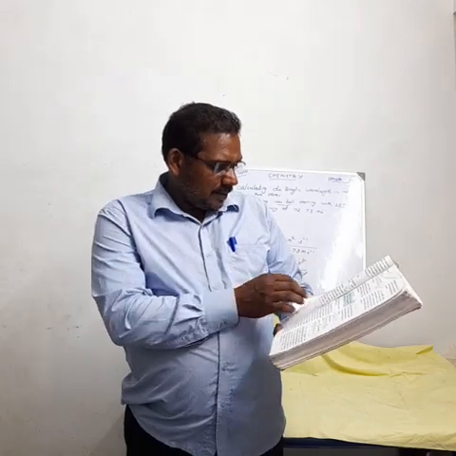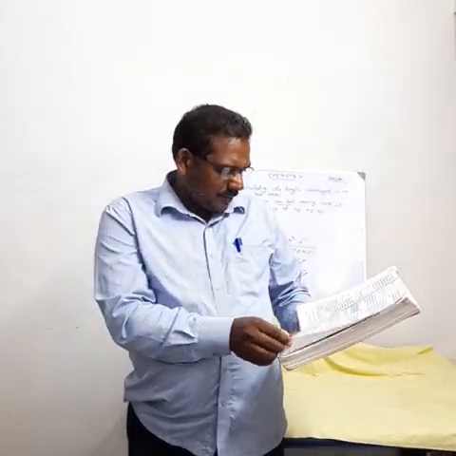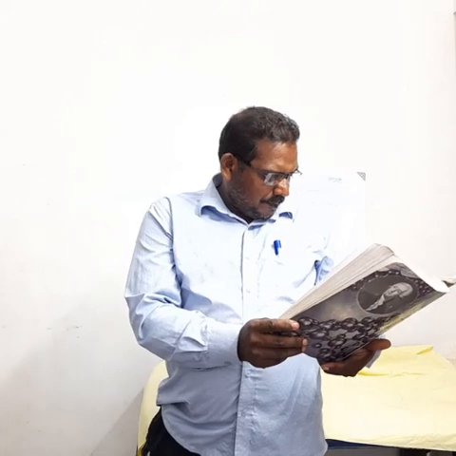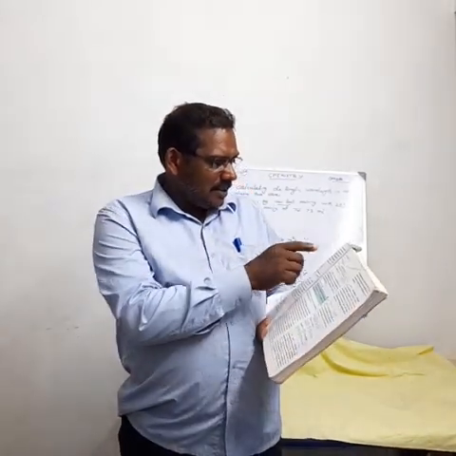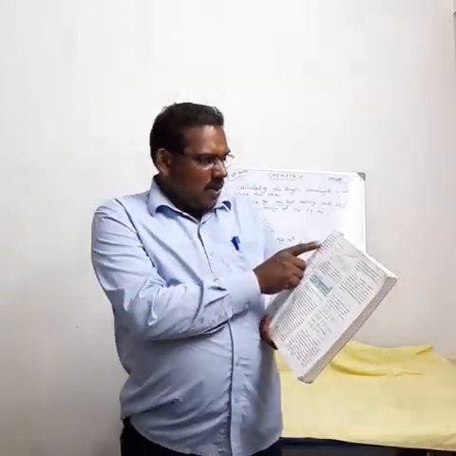Next, page number 42, Heisenberg uncertainty principle, at the top of the page, fourth line.